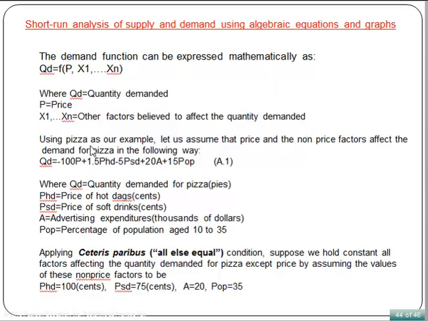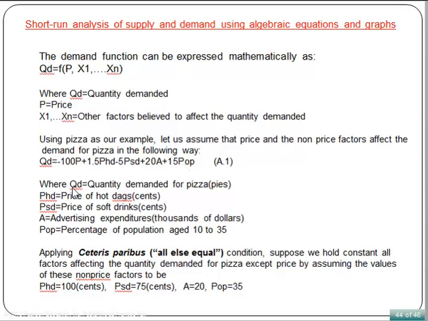So using pizza as our example, let's assume that price and non-price factors affect the demand for pizza in the following ways. So Q sub D, the quantity demanded, equals minus 100 P plus 1.5 times the price of hot dogs minus 5 times the price of soft drinks plus 20 A plus 15 Pop.